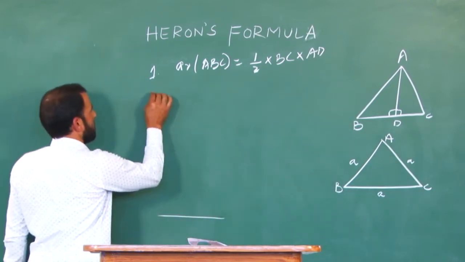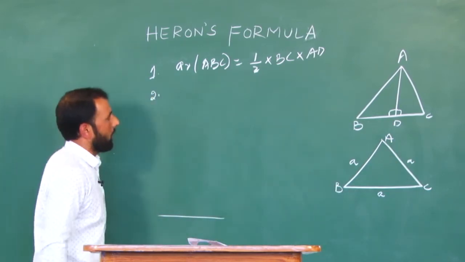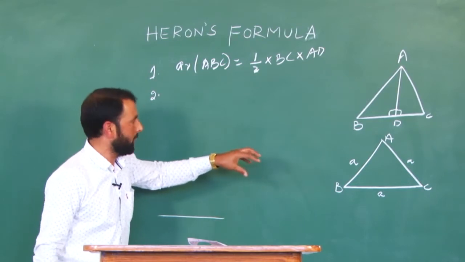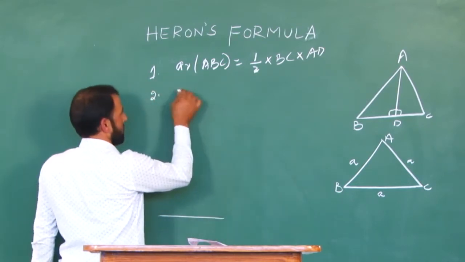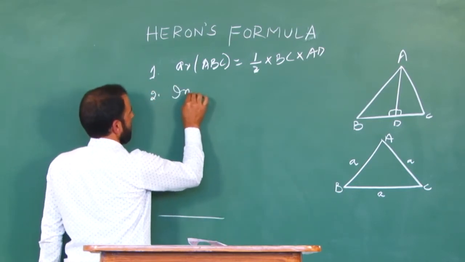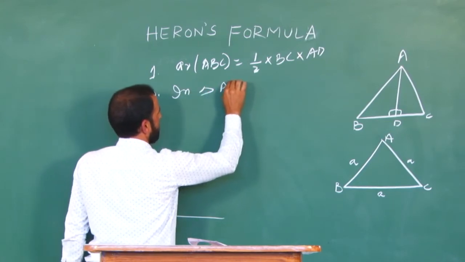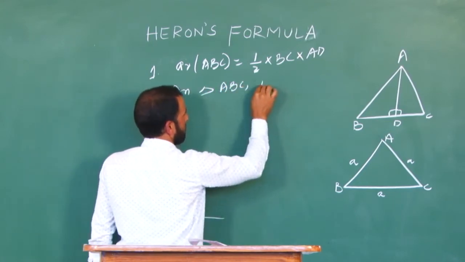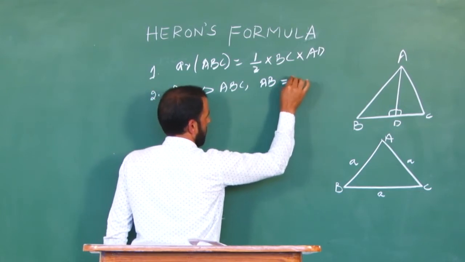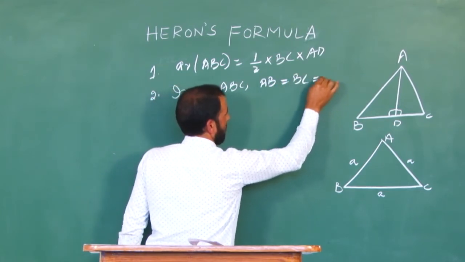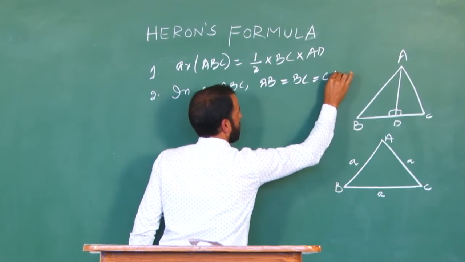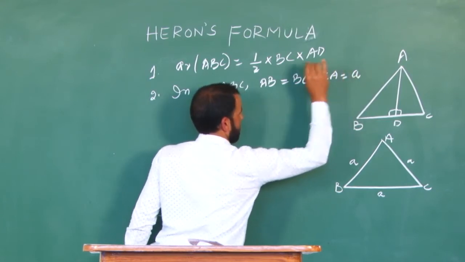So second one is an equilateral triangle. Area of equilateral triangle ABC with side a: AB is equal to BC is equal to CA, all equal to a units.